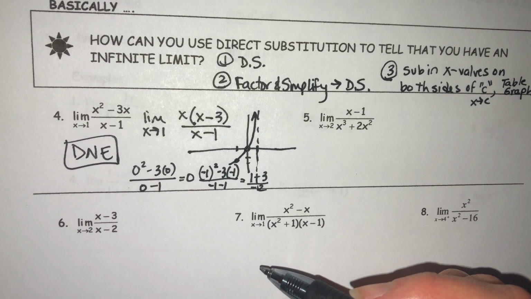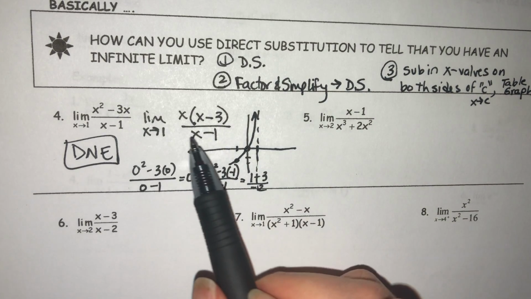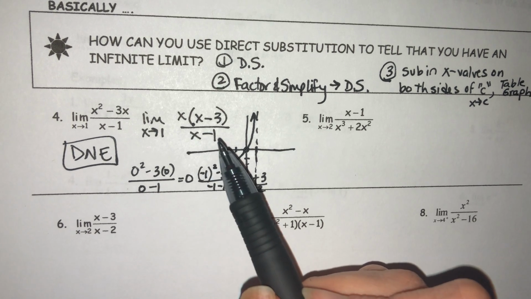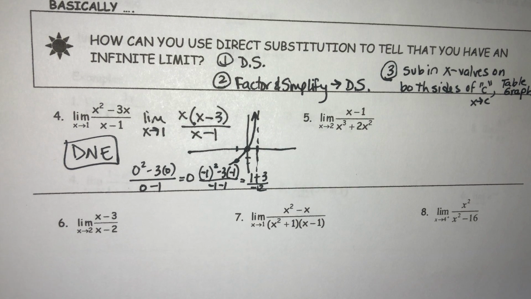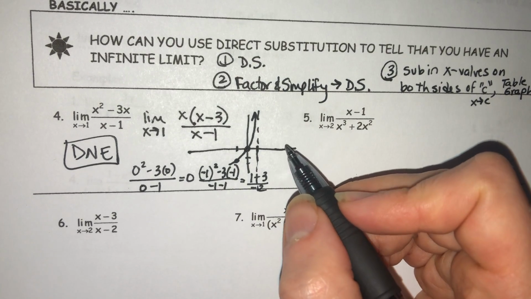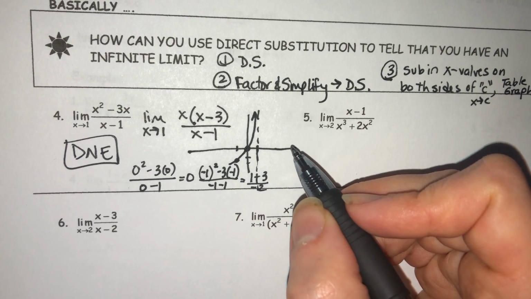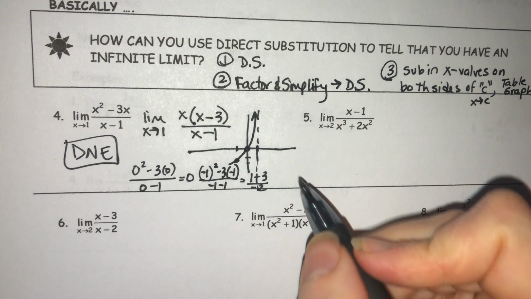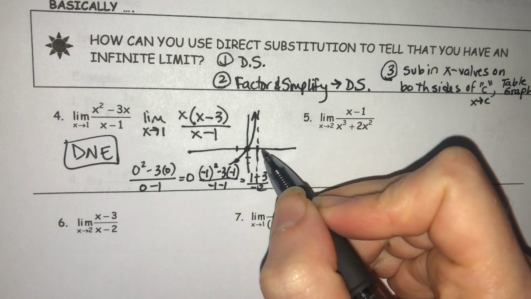And then, let's see, do I have a horizontal asymptote? The degree of the numerator is greater than the degree of the denominator by 1, so there's a slant asymptote on this guy. Okay, now on the right side, let's see. Plug in a number bigger than 1.